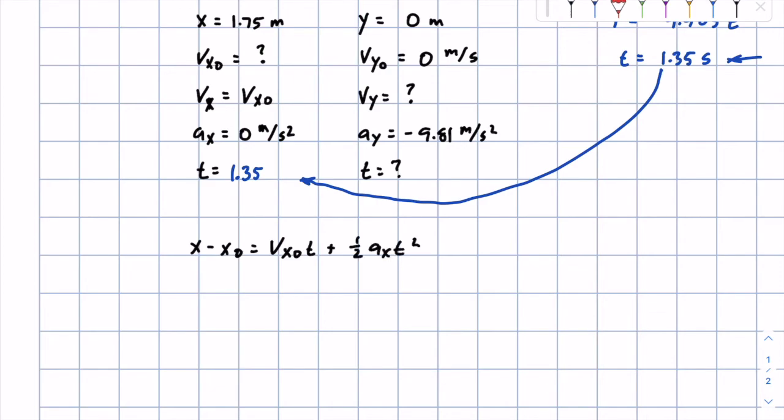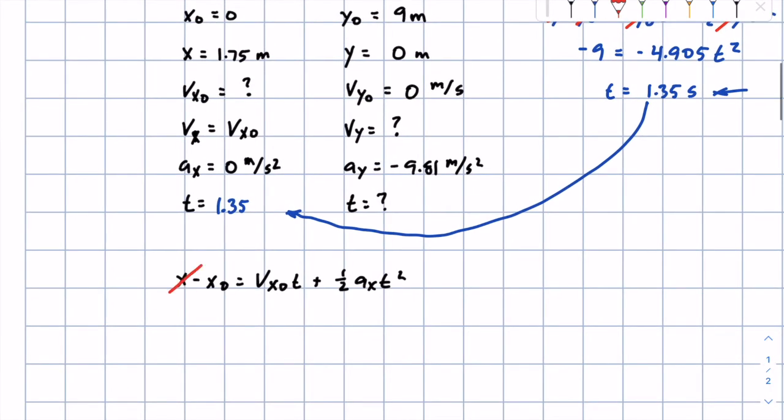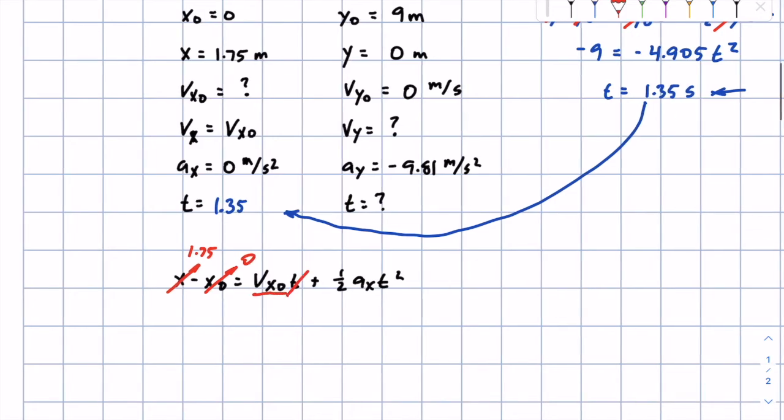We know that the final x is 1.75 meters. We know the initial is 0. The initial velocity we're going to be solving for, but we know t is 1.35 seconds, and we know that acceleration in the x is 0. What we're saying there is we're ignoring air resistance, and that's what we need to do in order to solve this problem.